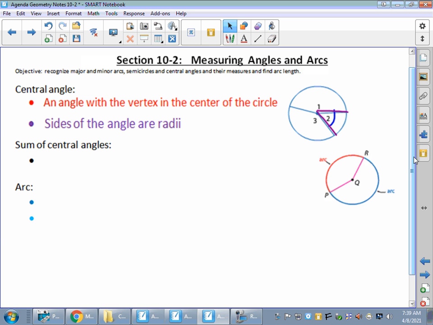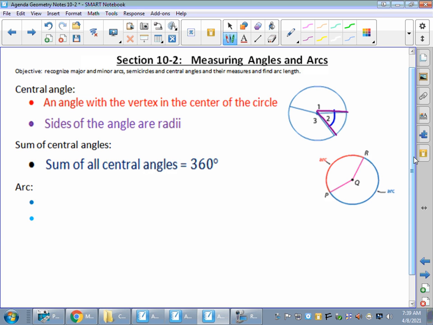So the sum of central angles, we can deal with this just like we dealt with all angles. The sum of all central angles equals 360 because we know that there's 360 degrees in a circle. So if I looked at these three angles, angle 2 that I already marked, angle 1 that has these two radii as its sides, and angle 3, I could say that angle 1 plus angle 2 plus angle 3 equals 360 degrees.